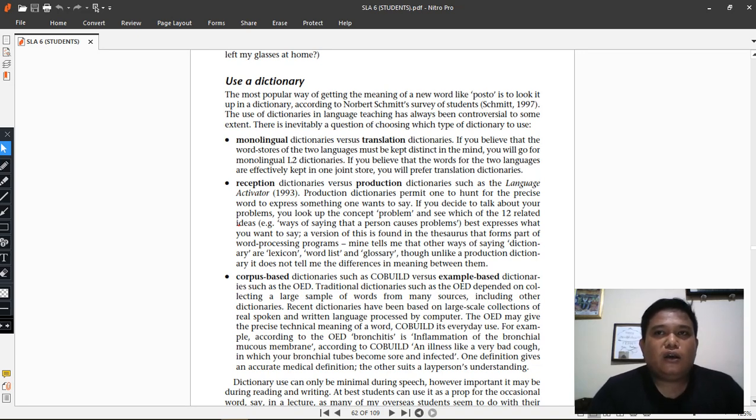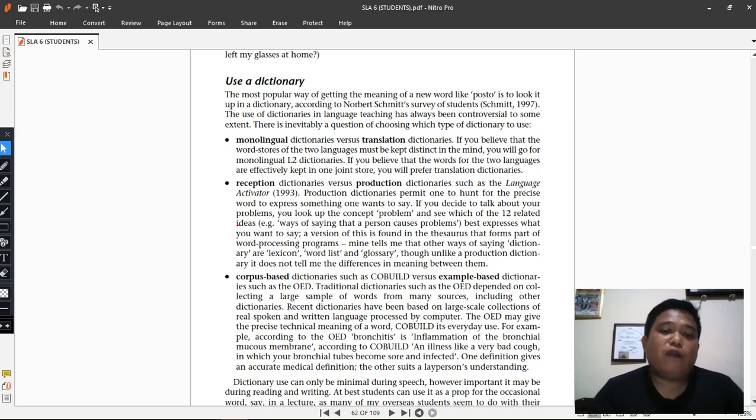So corpus-based dictionaries, it is the specific dictionaries, like a dictionary used for people who learn English for specific purposes. Yeah, and also in this kind of dictionaries, you are taught of how you use the word in the way it should be used.